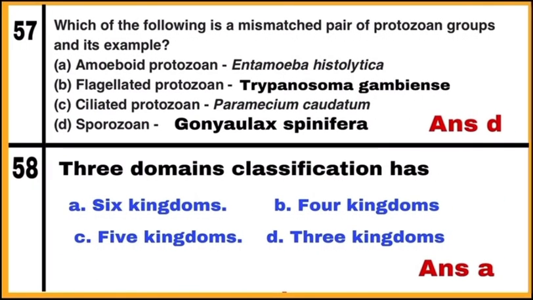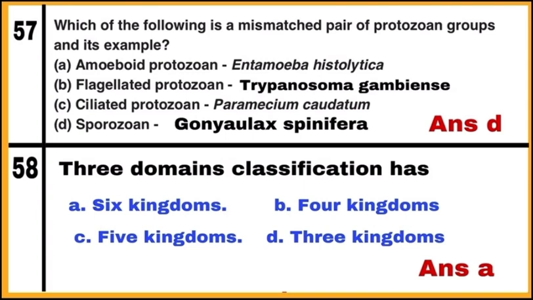Question 57. Which of the following is a mismatched pair of protozoan groups and its example? Option D is a wrong match. Gonyaulax is not a sporozoan, it is a dinoflagellate. So here mark D as a correct answer. Question 58. 3 domains classification has?